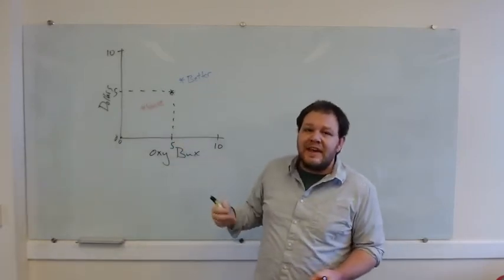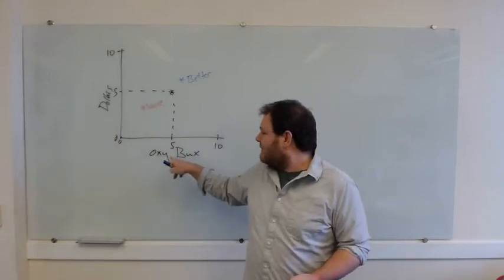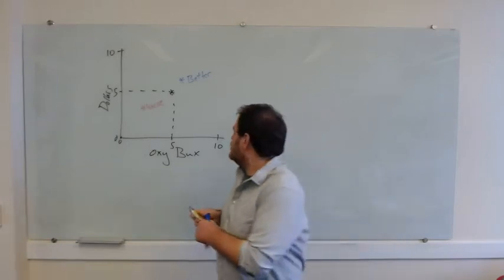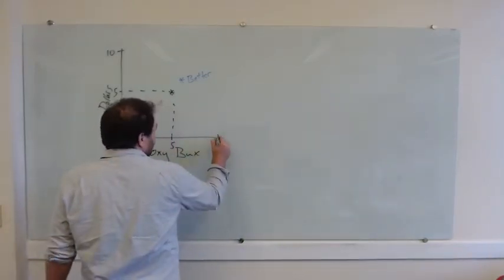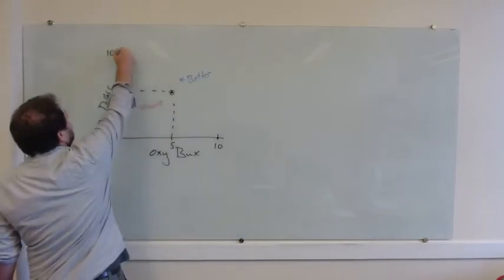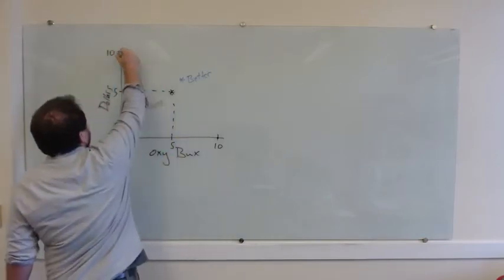In other words, if I'm thinking, what would I trade $5 and 5 oxybucks for? Anything where I get more than 10 total. So that includes getting more than 10 oxybucks and no dollars. It includes getting more than $10 and no oxybucks and everything in between.